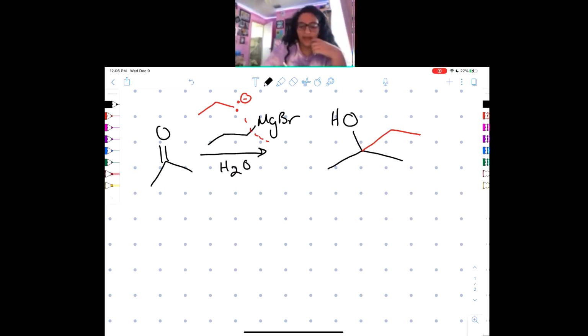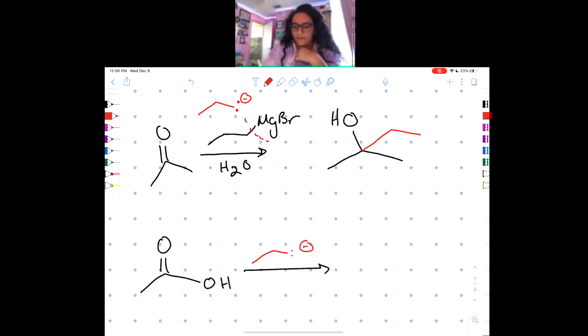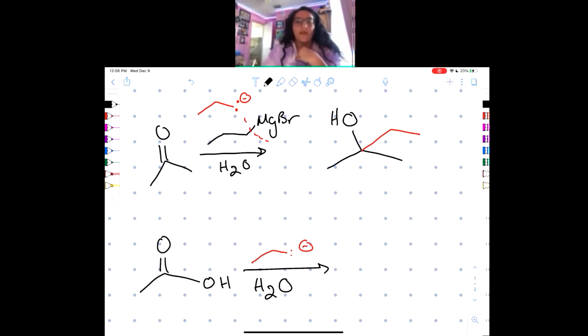Now let's say we have something like so. We have a carboxylic acid, and let's have the same Grignard reagent and H2O. In this case, we have an acidic hydrogen here, so a Grignard reaction cannot happen. But you had already said this in your original question, what kind of reaction is going to happen instead?